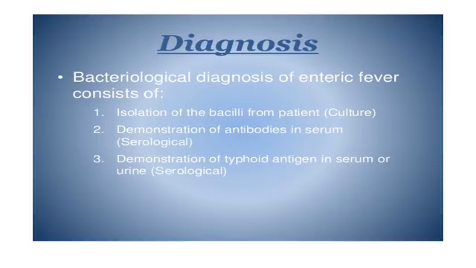And for detection of the antibodies in the serum, the commonly used investigation is Typhidot, which is also obsolete nowadays. Because of the less sensitivity and specificity, both of these investigations are nowadays obsolete. The one and the only diagnostic and gold standard is the isolation of the organism from the patient in the form of culture and sensitivity.